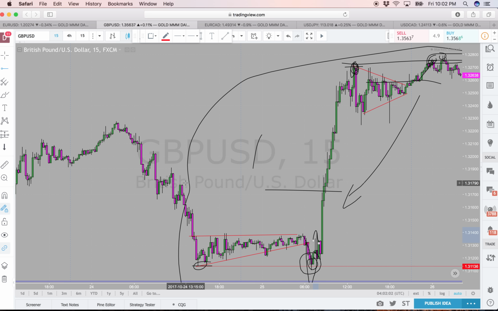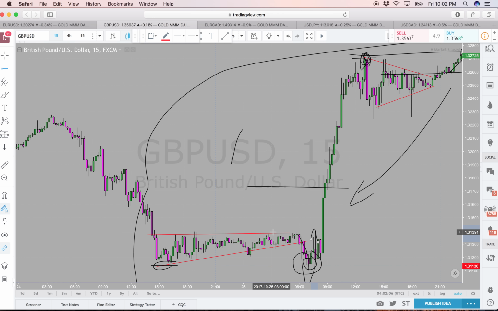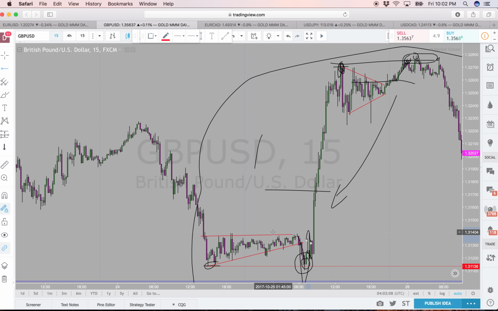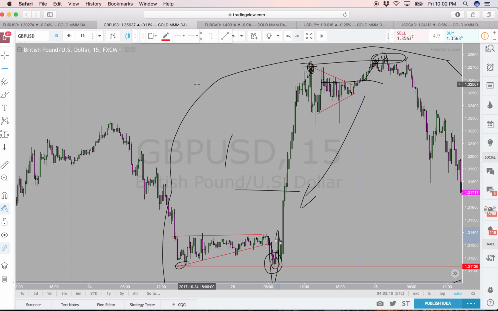Now, what I like to do, a lot of people don't have time to trade London session. So what I've done previously is set my orders at exactly the low of the previous day. If I see this wedge formation forming or something similar, I will set a buy limit order at the exact low of the previous day.